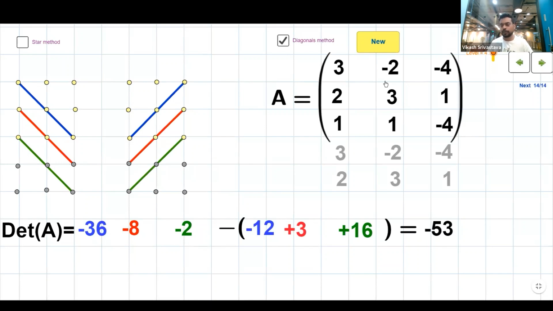Suppose you have a 4 by 4 square matrix, there also you will multiply this with the determinant of the 3 by 3 matrix. This method holds for any n cross n. For a higher order, I don't have it here, but I can give that as an exercise to you guys.